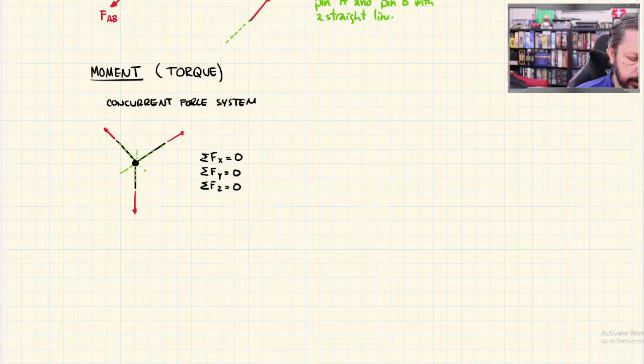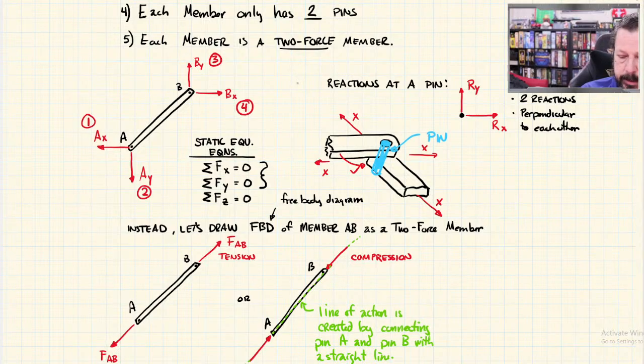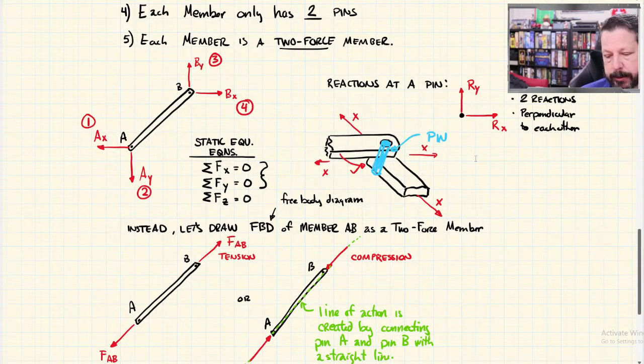But it wasn't held rotationally, it could spin around. Like this horizontal beam right here, that could technically spin around. I even drew a little arrow there saying it could spin around the pin.